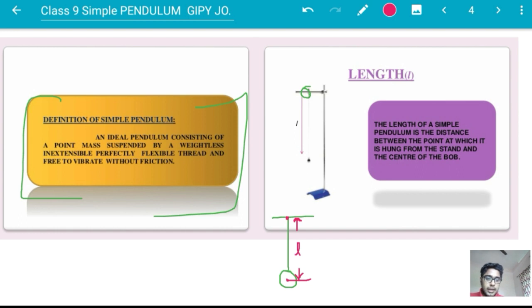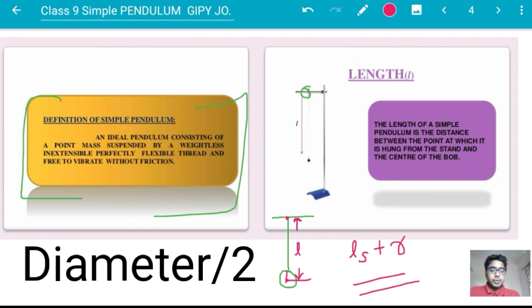That is the length of the string plus the radius of the bob. And the radius of the bob can be measured using vernier caliper. You know how to measure the radius of this particular bob using vernier caliper. So you'll be using vernier caliper and you'll be getting the total effective length.